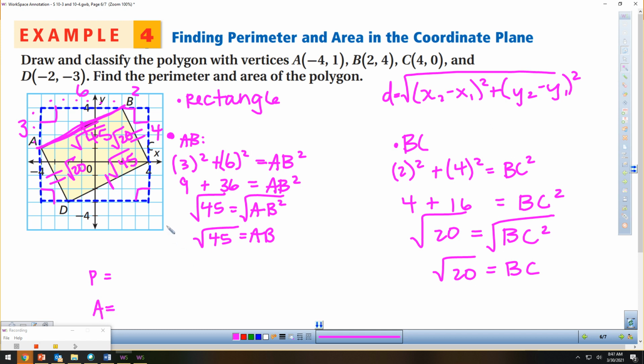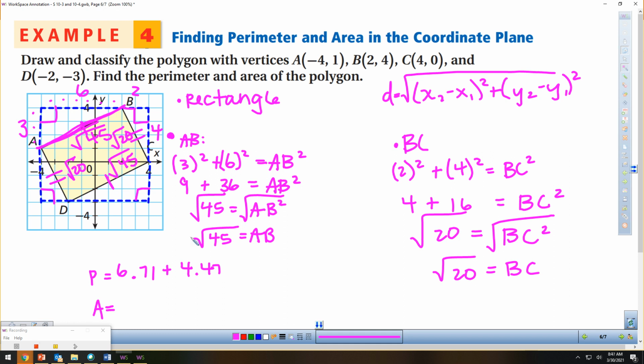So, for my perimeter, you add up all the sides. Alright, so I'm going to go ahead and put those radicals into decimals, rounded to 2 decimals. So I'm going to do square root of 45, which gives me 6.71. So this length AB is 6.71, plus the length of BC is the square root of 20, which is 4.47.